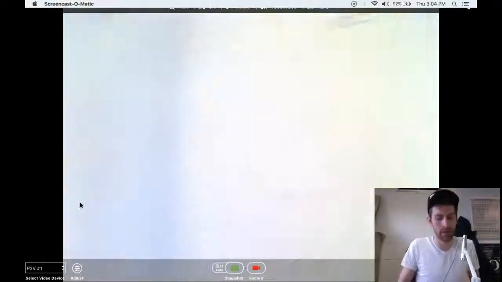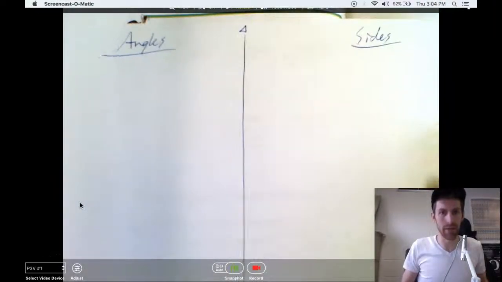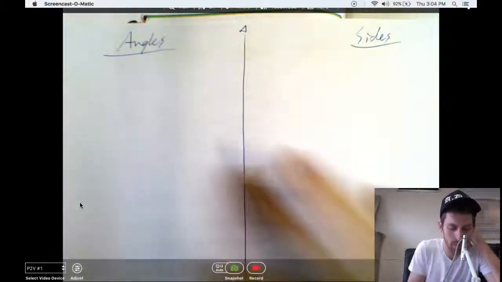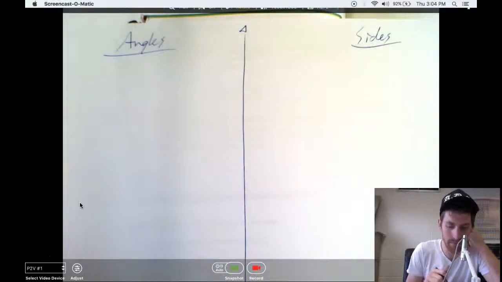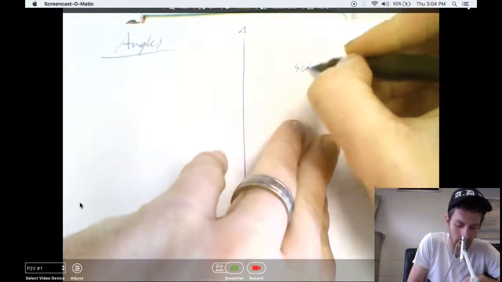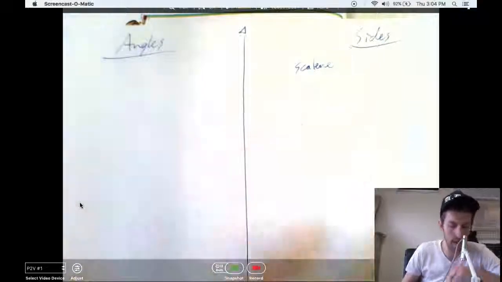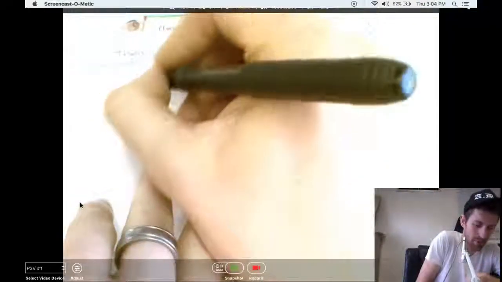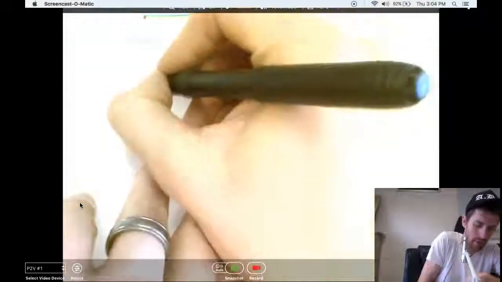So, let's do a little test here. Angles, sides. If I said, hey, that's a scalene triangle, am I talking about angles or sides? I'm talking about sides, right? Or if I said, hey, that is an obtuse triangle. Well, obtuse refers to angles, not sides. So obtuse goes over here, right?